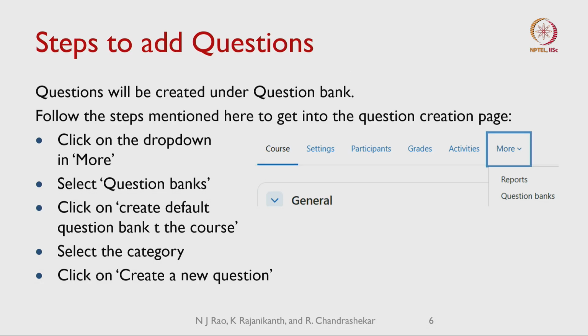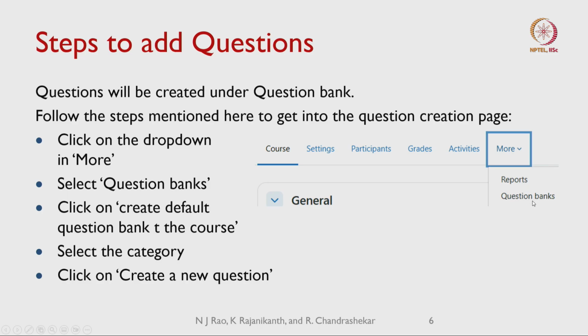Steps to add the questions are: when you are in the editing mode of a course, you will see a more link on the right hand of the tabs available. These are the tabs you remember we were using. In that, there is a more with drop down. When we click on that, we will get the option, one of the options is question banks.